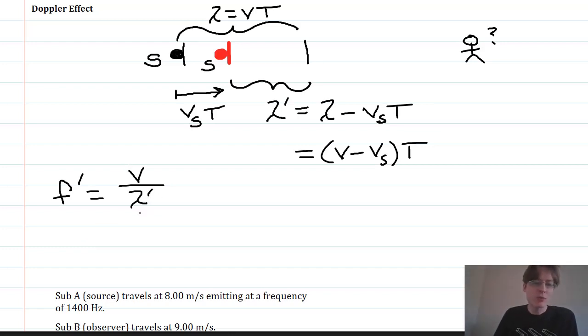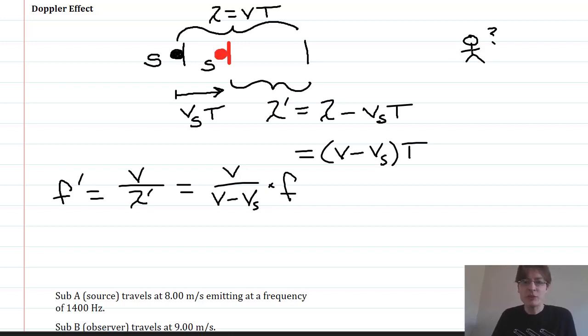Speed over the wavelength will tell me how often the waves arrive at me, listening over here. Remember, v is the speed of sound, vs is the speed of the source. So I take v divided by lambda prime, and that gives me v over v minus vs times 1 over the period, which is just the original frequency.